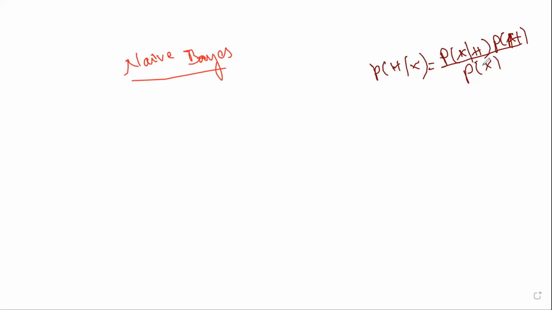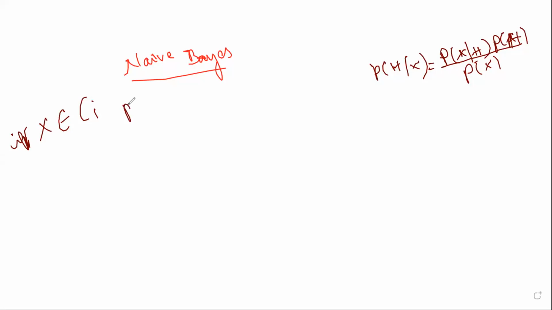Here the condition is for a tuple X belonging to Ci. In a Bayesian classifier, what is the aim of any classifier? To predict the class label for the given tuple. So if the tuple X belongs to a particular class Ci, then the posterior probability of that class should be like this.